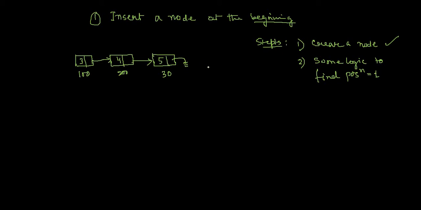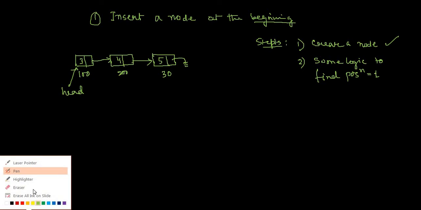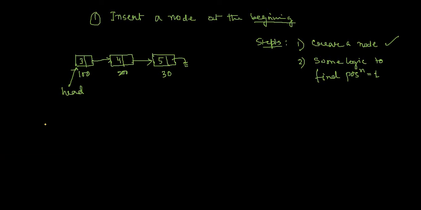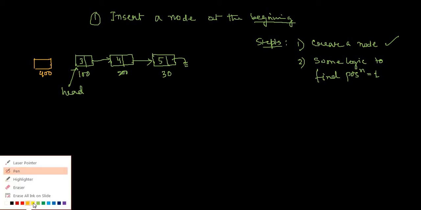So let's see what I should do in case of inserting something at the beginning. We have a linked list like this, which is pointed to by head. My intention is to create a new node, maybe somewhere here, and suppose the address of the node is 400.